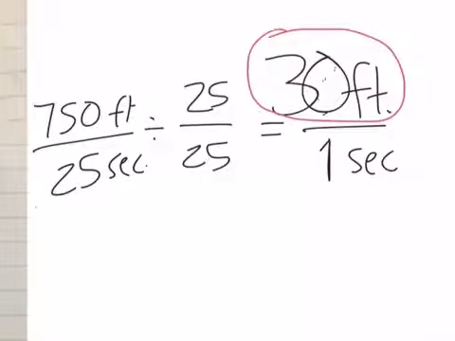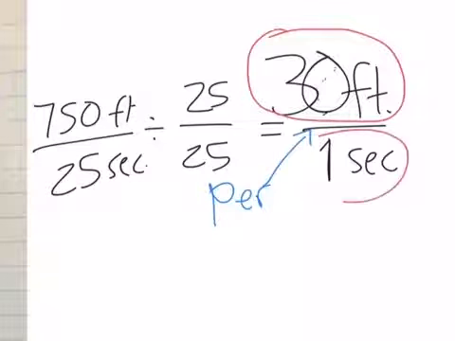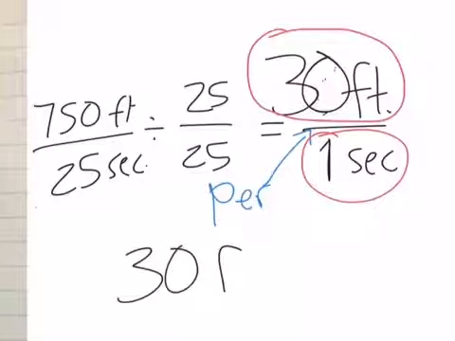And then if you remember what we call this fraction bar, 30 feet per, and then we have our 1 second. And since it's 1, you don't really have to say 1. You can just say 30 feet per second.